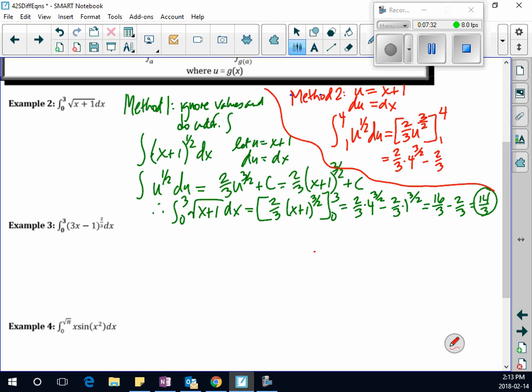Subtract 2 over 3 times 1 to the power 3 over 2. Square root of 4. Well, at that point, it's exactly the same, right? Yeah? So you get 14 over 3, right? So as you can see, method 2 is way faster. So I highly recommend using method 2.